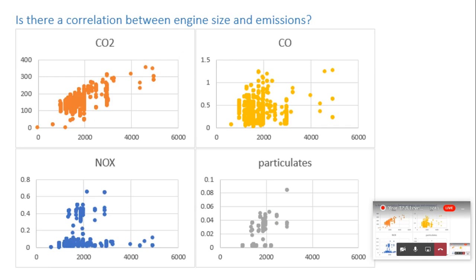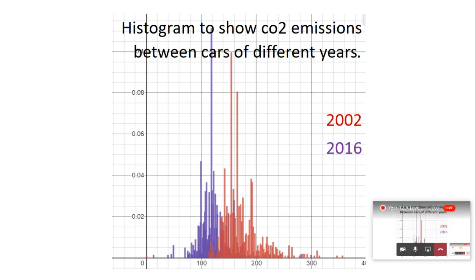And again, we can see on the nitrous oxide one, there is not much of a correlation. You can't see a very obvious trend in that. Whereas with particulates, maybe there is again a slight positive correlation. Here is a histogram just to show carbon dioxide emissions between cars in different years.